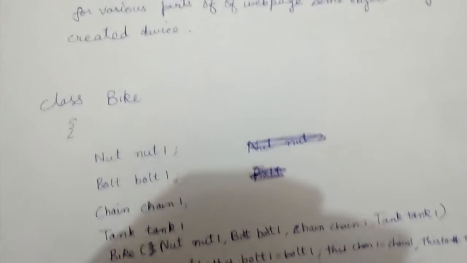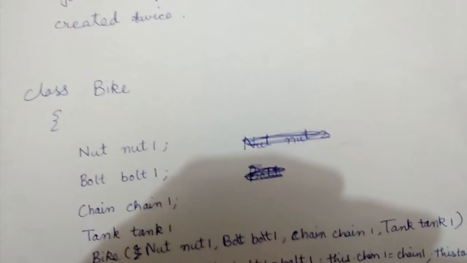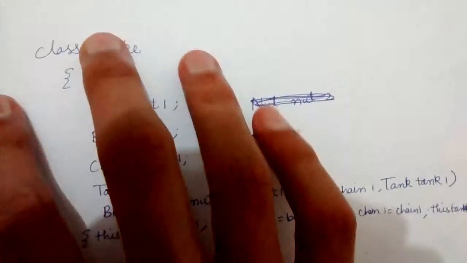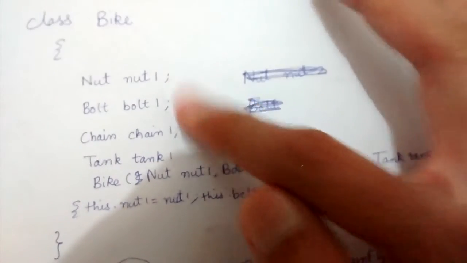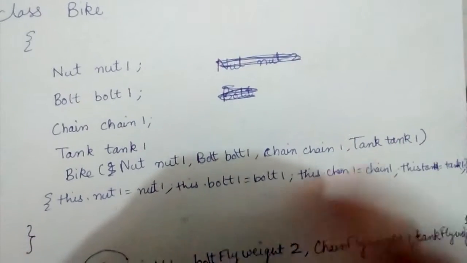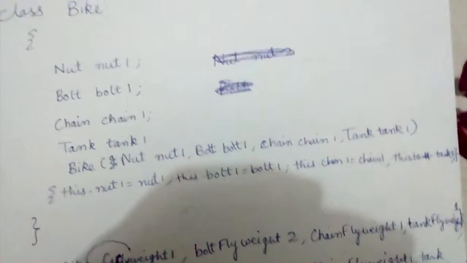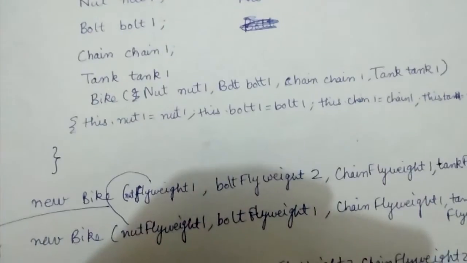Let's take one more example to understand the difference between the flyweight and the multiton design pattern. So here we consider the bike class. It is having the nut, bolt, chain and tank components. Here is the simple constructor which is initializing all of them. We can also have the getters and setters.